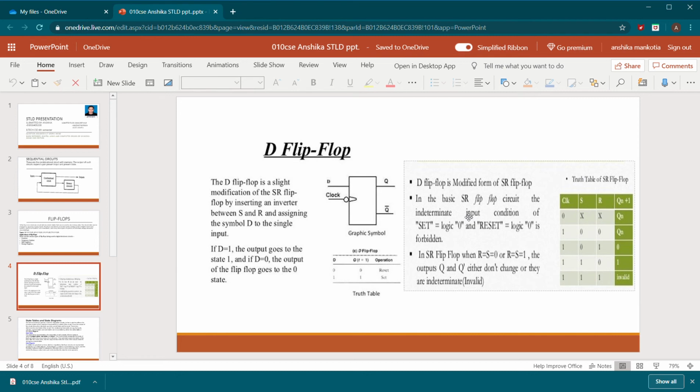And the same for R is equal to S is equal to 1. When such a situation is created, the output comes out to be indeterminate.